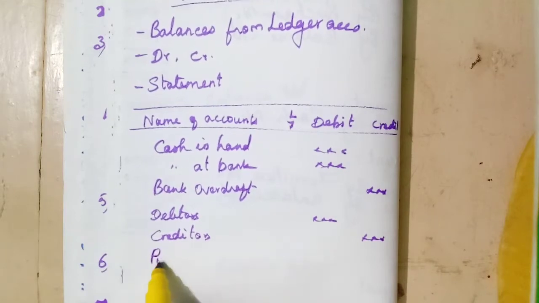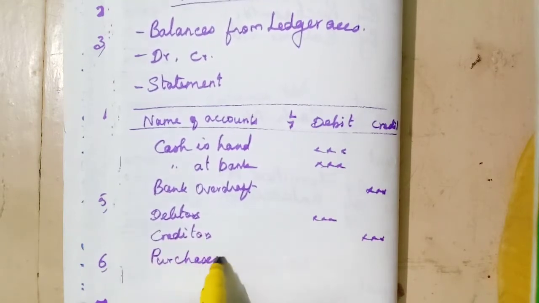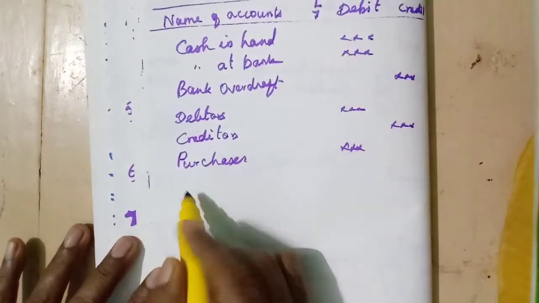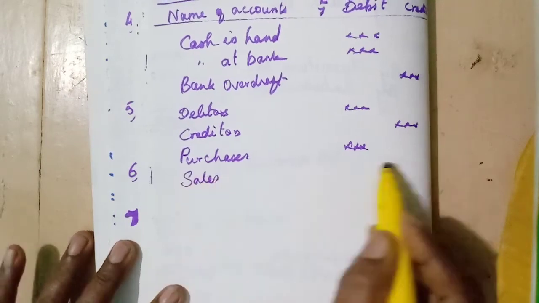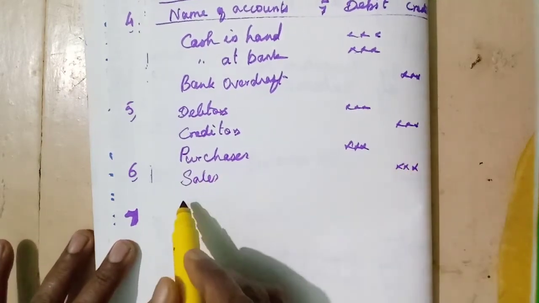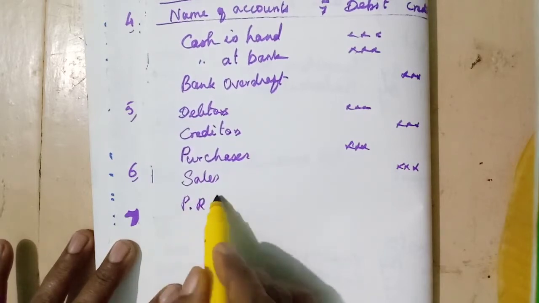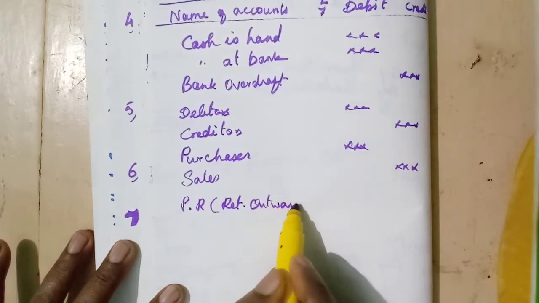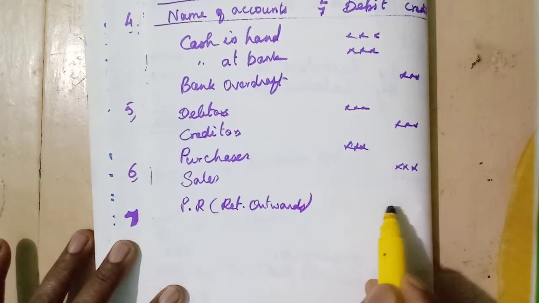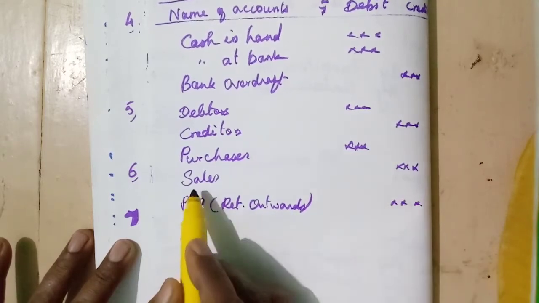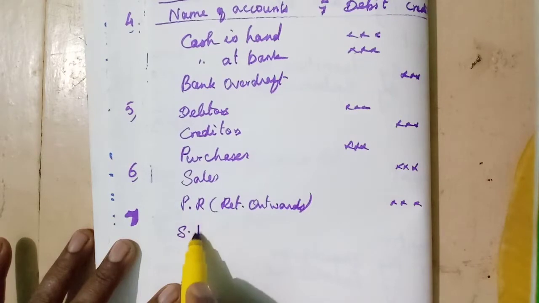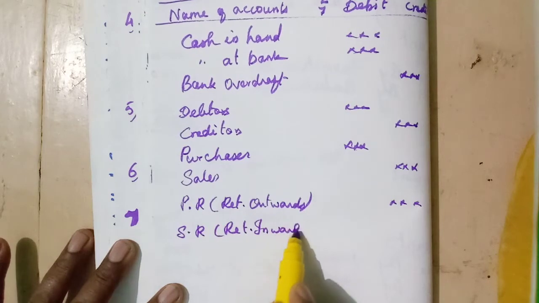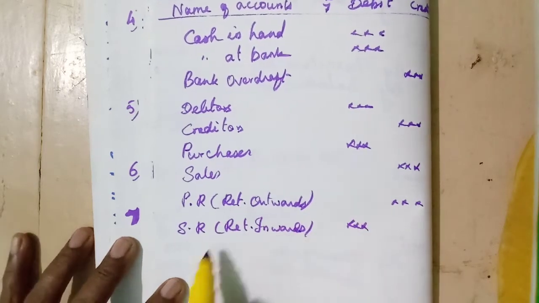Then purchases, debit balance. Then sales, it shows credit balance. Then purchase returns or returns outwards. Purchases debit means purchase returns credit balance. Sales credit, so sales returns or returns inwards, that is debit balance.